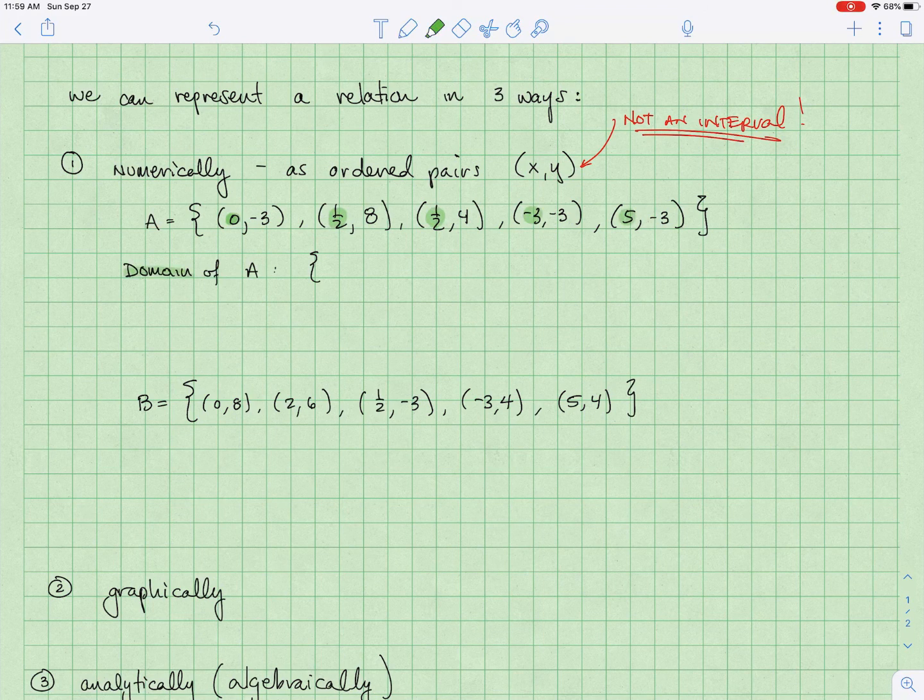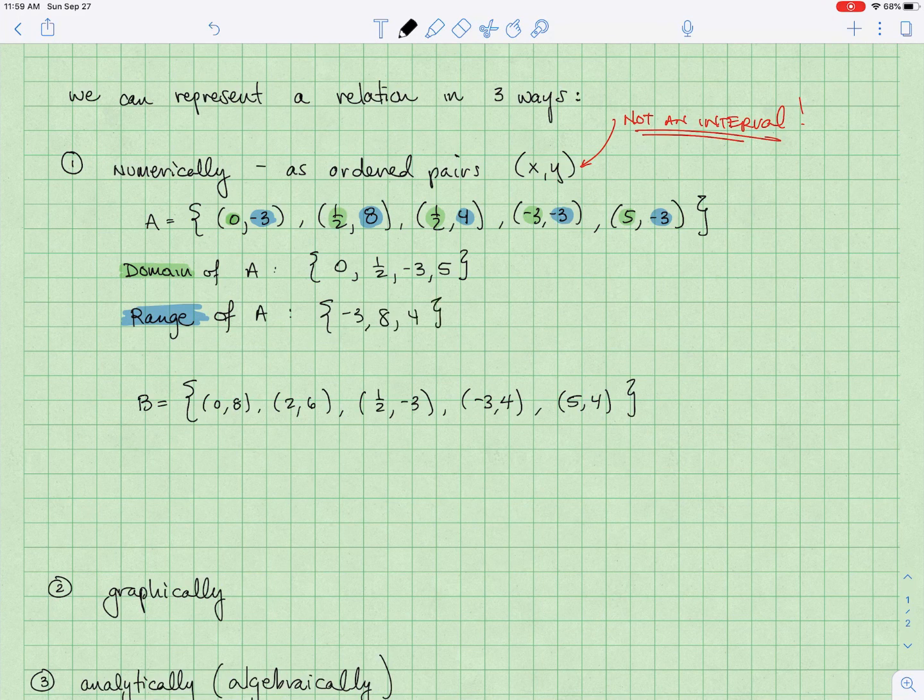If I color code this, the domain of A is in green, and we would just list these out without repetition and in no particular order: 0, 1/2, -3, and 5. That is the domain of A, the values that we are using as inputs. Whereas the y values that I'm color coding in blue are known as the range of A. And that set is -3, 8, 4.